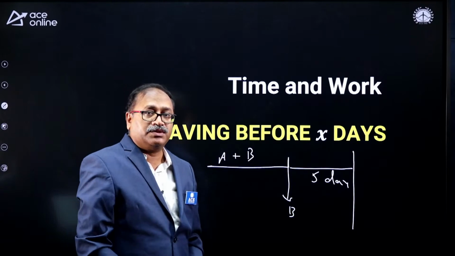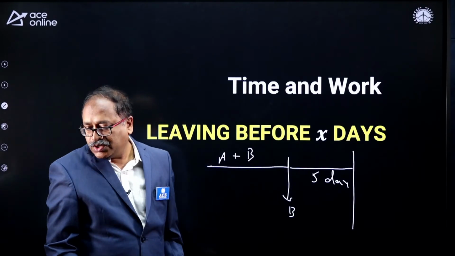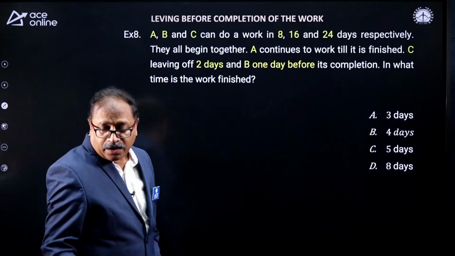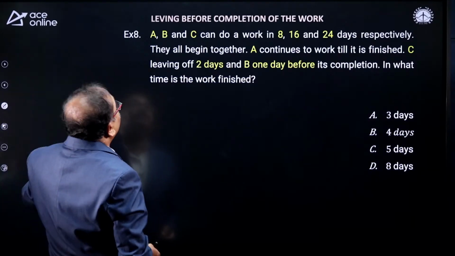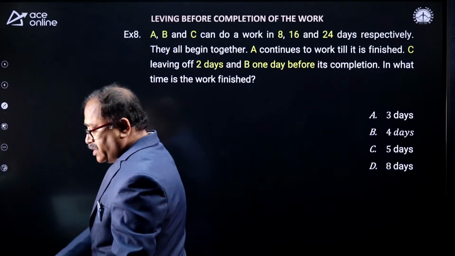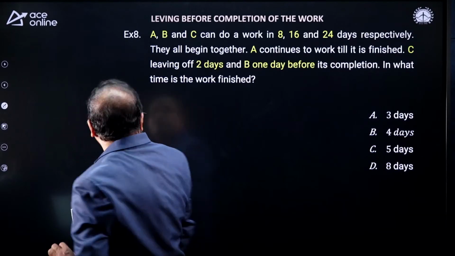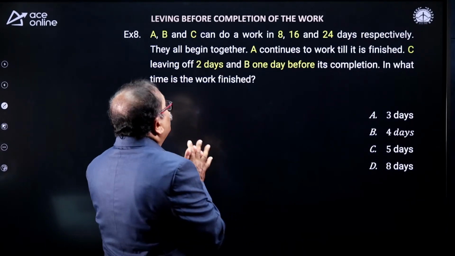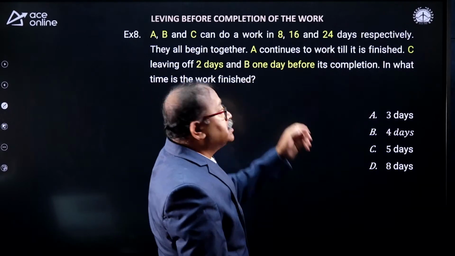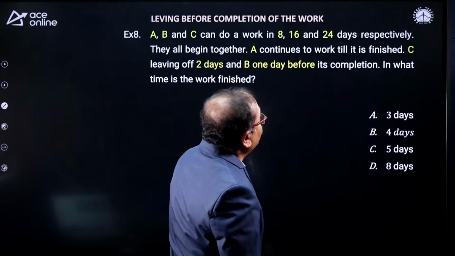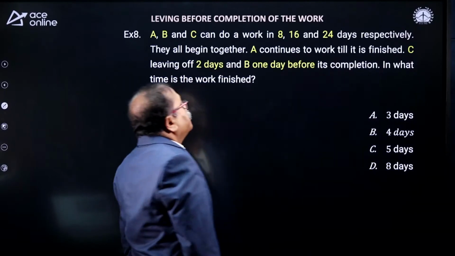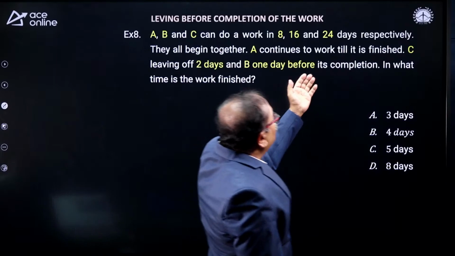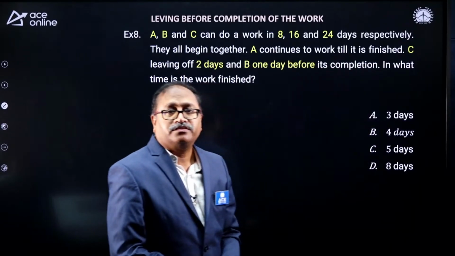How to handle questions of this nature? Let's check here with an example, and we will understand this. The question says that A, B and C can do a piece of work in 8 days, 16 days and 24 days respectively. They all begin together and A continued to work till the finish.